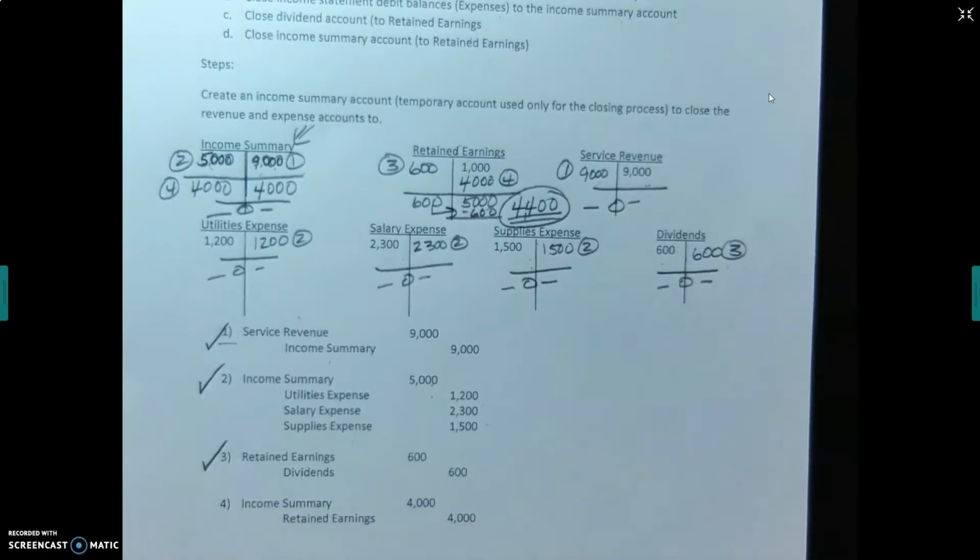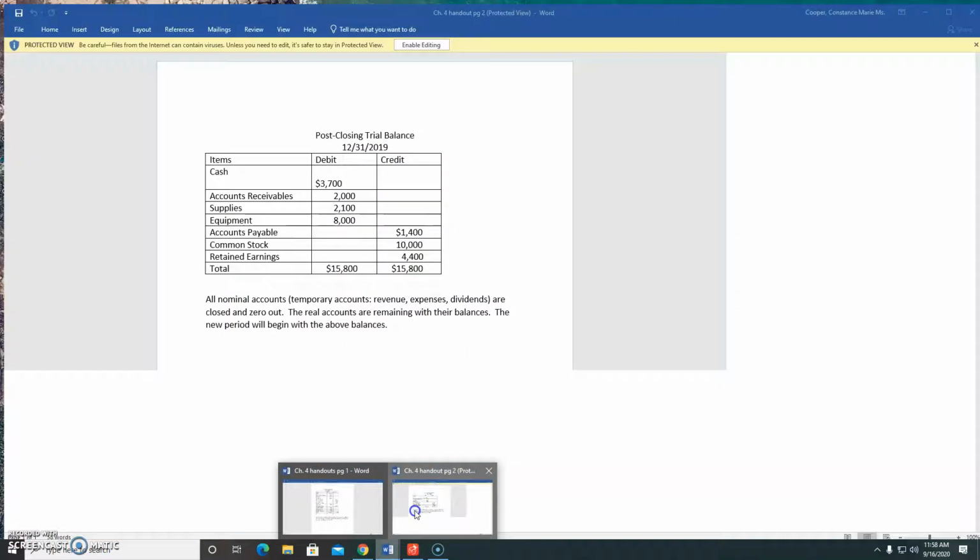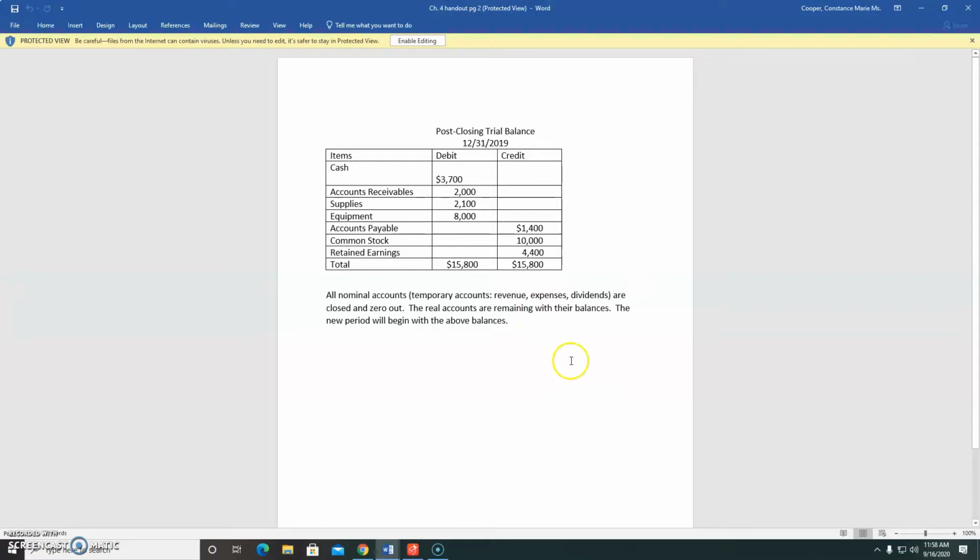Now, let's go to the next step in the accounting process, which is the post-closing trial balance. After we've finished, accountants are very concerned about making sure everything is still in balance and equal. So we enter in the balances from the adjusted trial balance for the real accounts, which are our assets, liabilities, and equity.